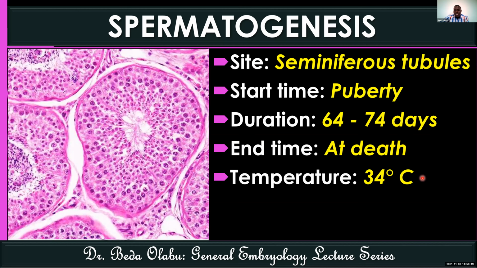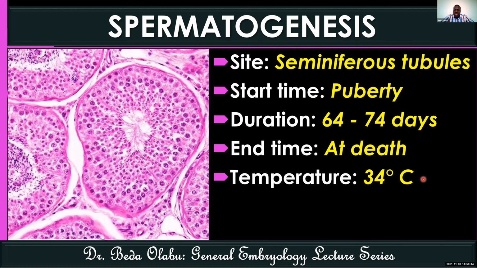The most optimal temperature for spermatogenesis is the temperature that's about 2 to 3 degrees below the normal body temperature. So if your normal body temperature is 36, 37, then let's go with about 34 degrees. That's the most optimal temperature for spermatogenesis.